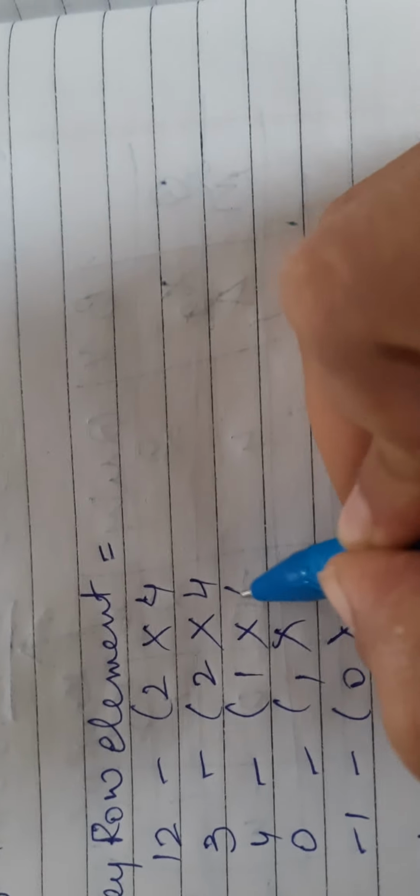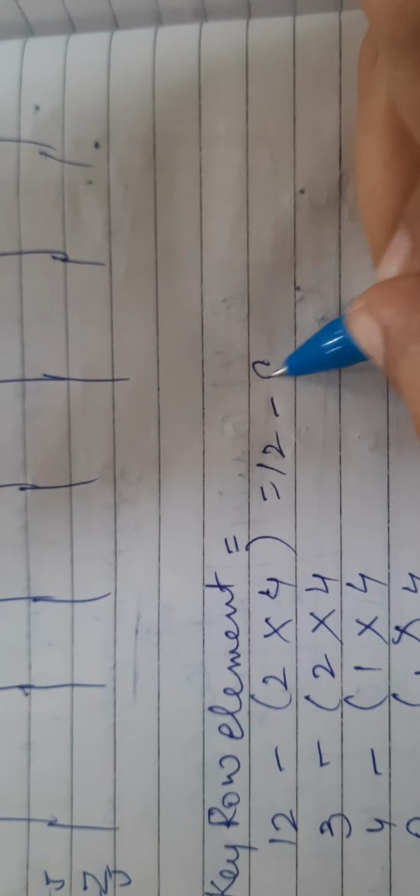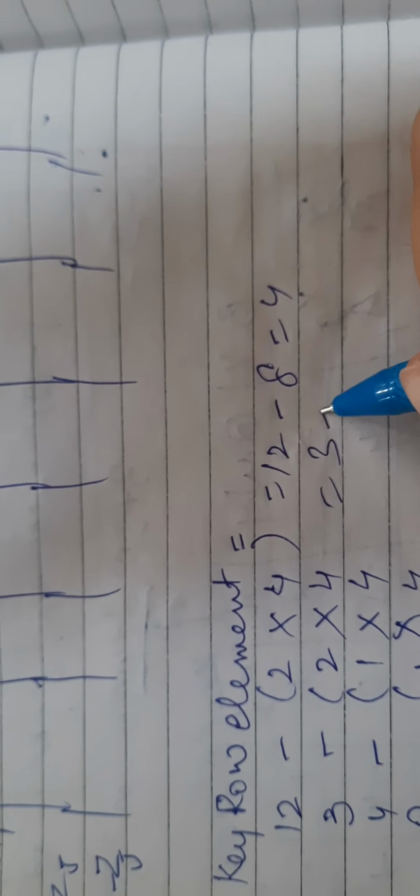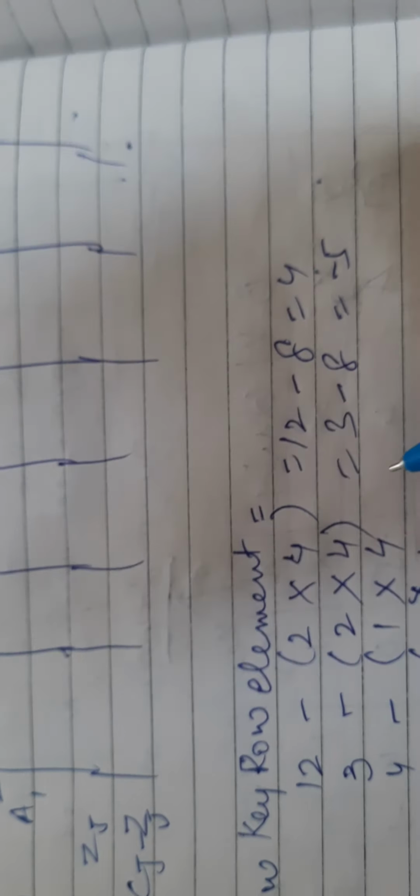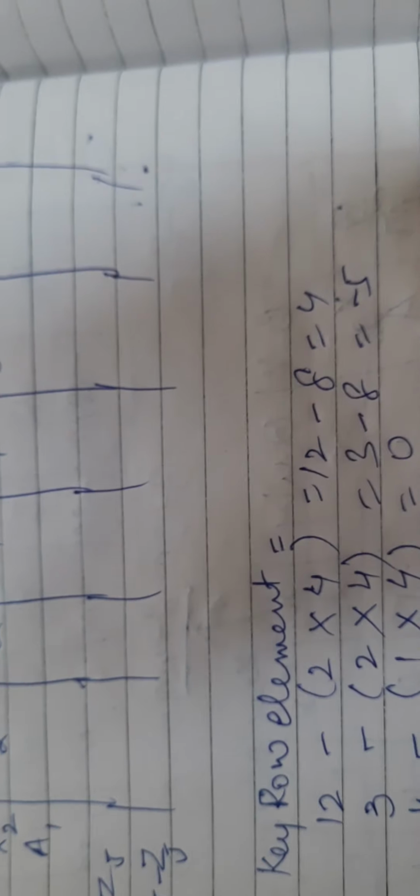For this row it is 4. So I'll multiply the entire row by 4, and making this calculation, 12 minus 8 is 4, 3 minus 8 is minus 5, and so on. I'll reach my values over here.